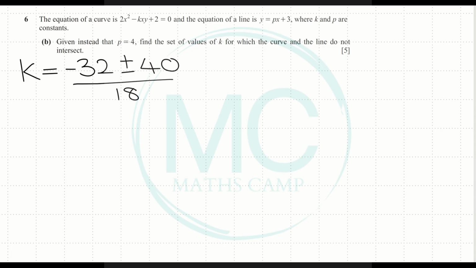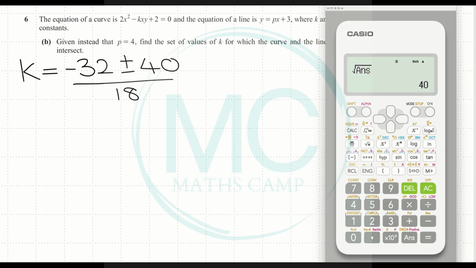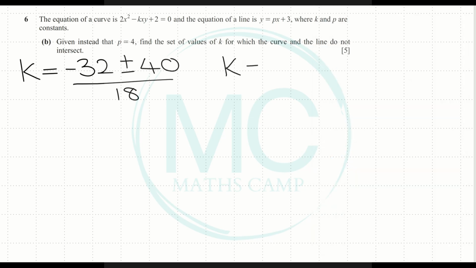Let's find my negative value for k. I can say negative 32 minus 40 over 18 is equal to negative 4. So k could be equal to negative 4. Now let's find the positive version.